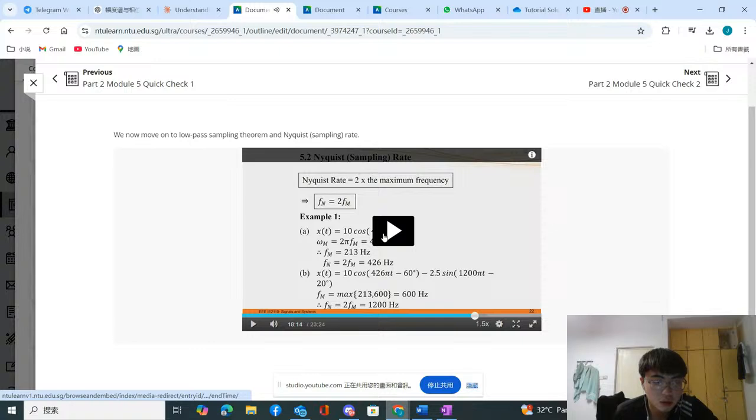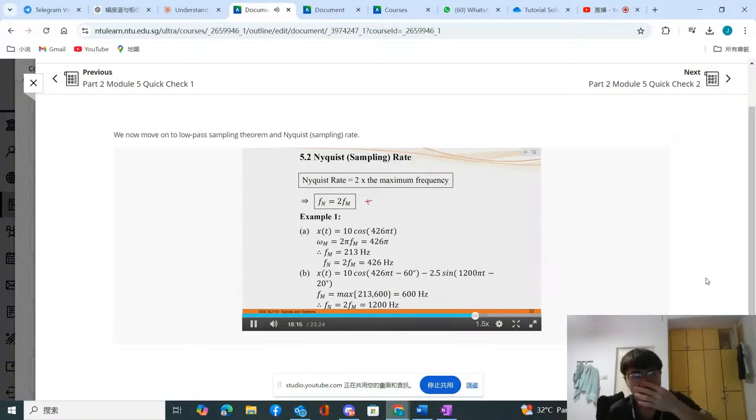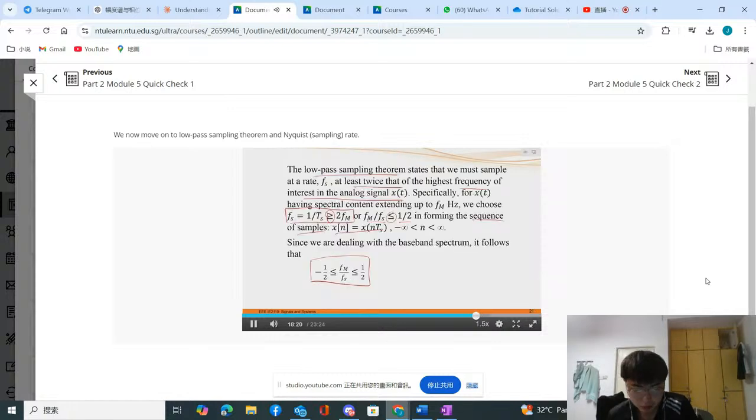So the Nyquist sampling rate will be simply 2 times Fm, all right, which corresponds to this case.